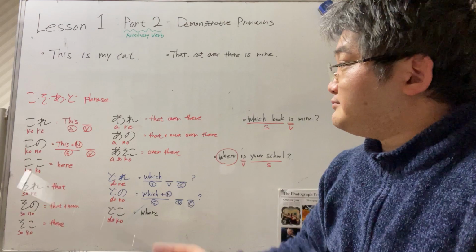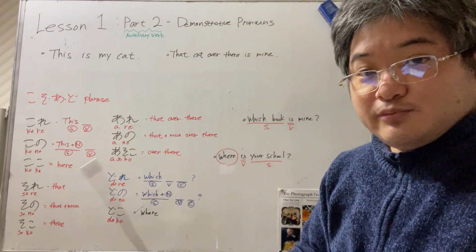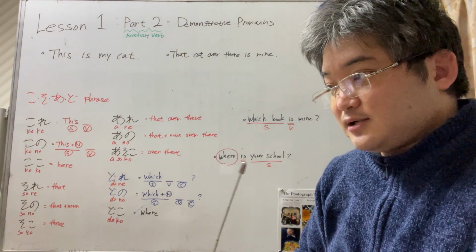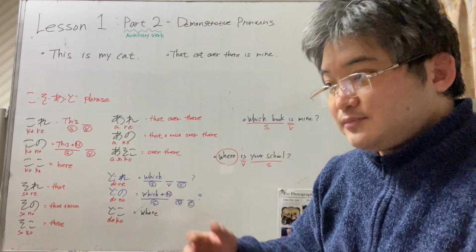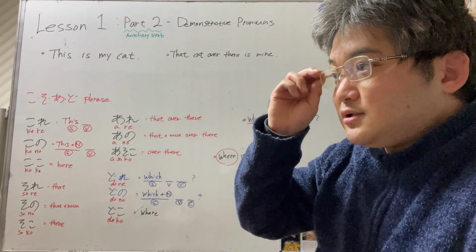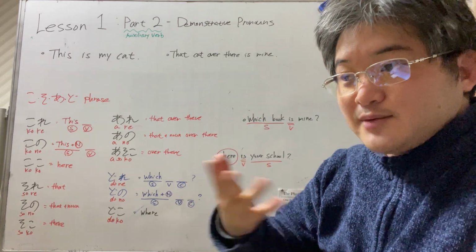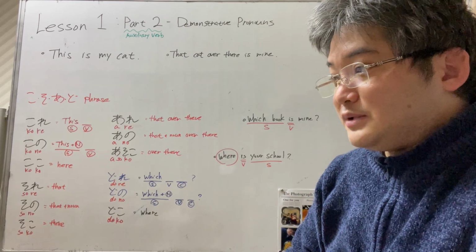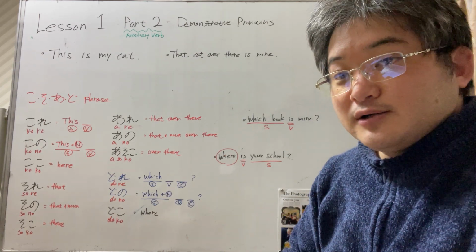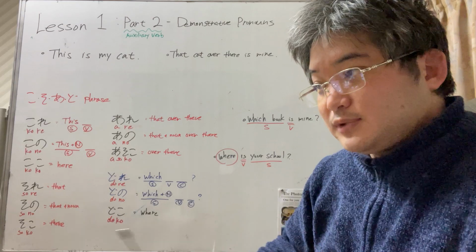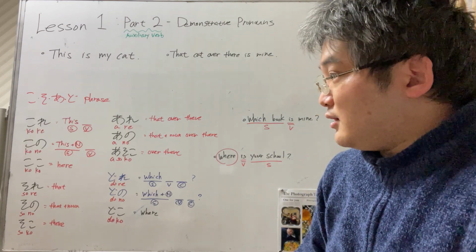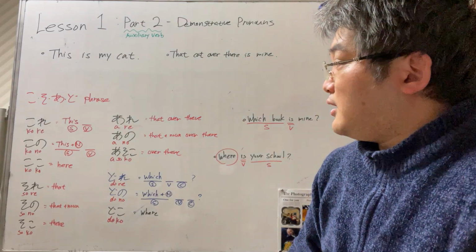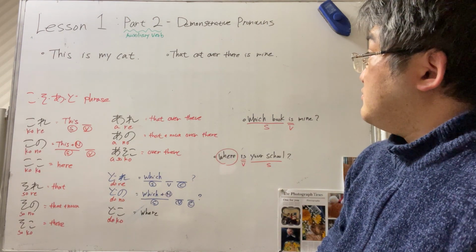It's fairly simple once you get the gist of it, but it can be confusing for people who are not used to using or hearing Japanese. So I need to explain that.